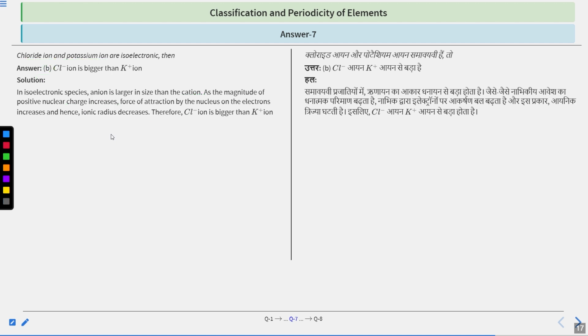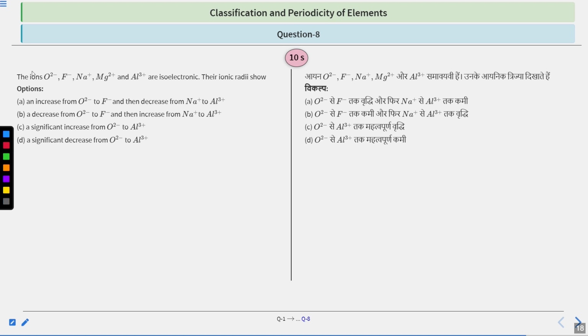Okay, let's move to the next question. Question number 8. The ions O2 negative, F negative, Na positive, Mg2 positive, and aluminium 3 positive are isoelectronic. Their ionic radii show which property from the options?